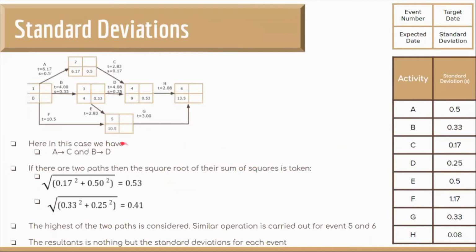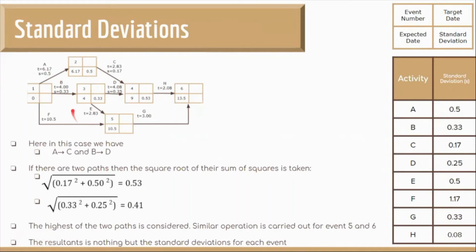Let's see how. Here again we have two paths, A to C and B to D. If there are two paths, then the square root of the sum of squares is taken. Considering the path A to C, we have the square root of 0.17 squared plus 0.5 squared, which gives 0.53.